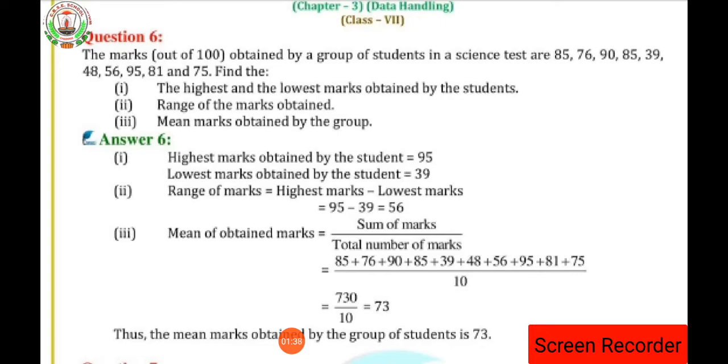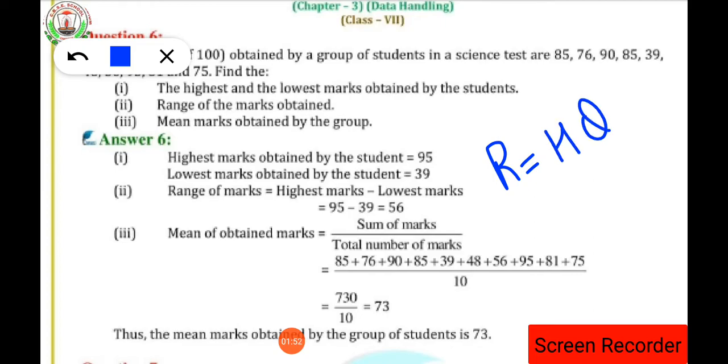Then the second part of the question, what does it say? The range of the marks obtained. So what is the range formula? As I told you, range is equal to highest observation minus lowest observation, and the word observation changes according to the necessity of the question.